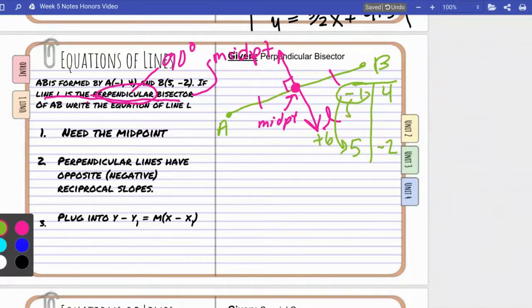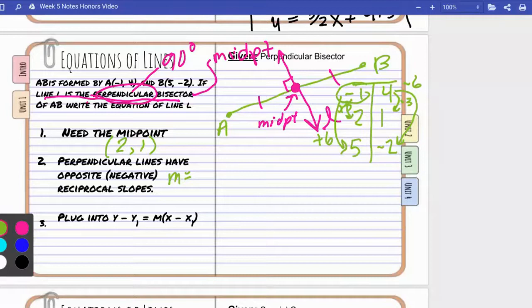Well, to get to the midpoint, I just want to add 3. What's negative 1 plus 3? 2. And I'm going from 4 to negative 2, so I'm subtracting 6. To get to the midpoint, I need to subtract 3. 4 minus 3 is 1. So I know my midpoint of line segment AB is at 2, 1.